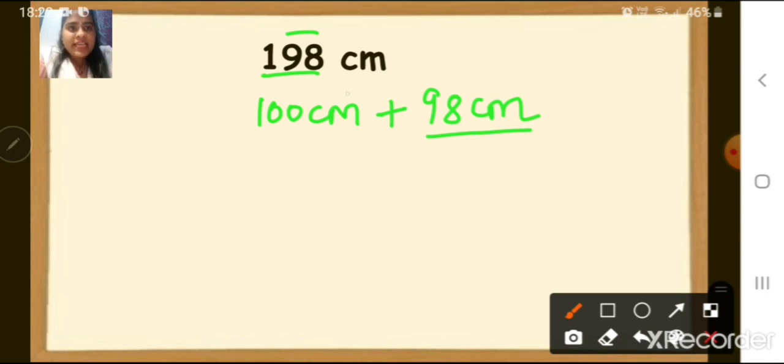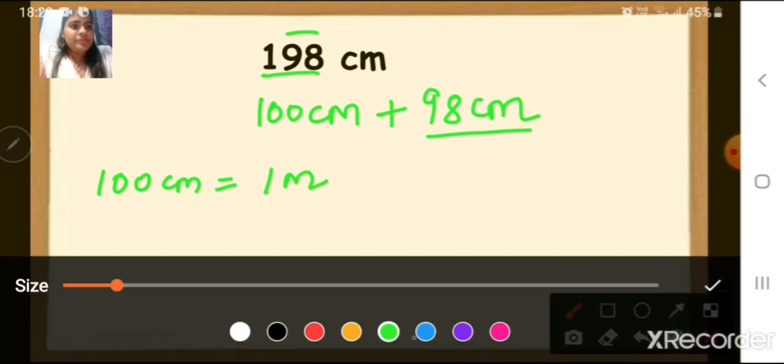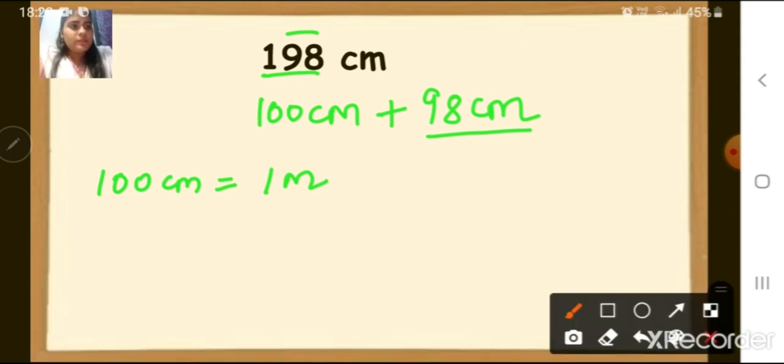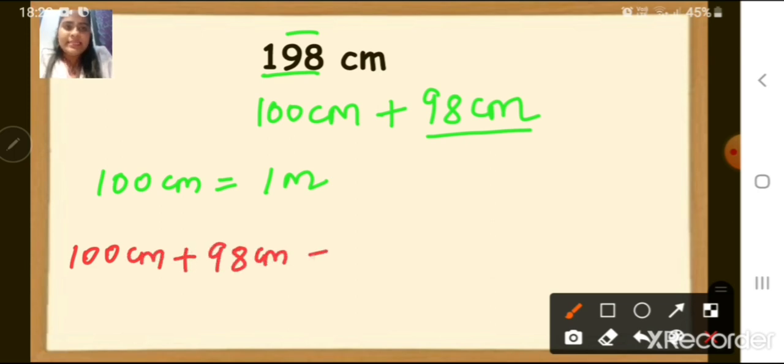Now we can change this 100 centimeter. We know the formula, right? 100 centimeter is equal to 1 meter. Now we have to put this in the question. So 100 centimeter plus 98 centimeter is equal to, what is 100 centimeter? 1 meter.